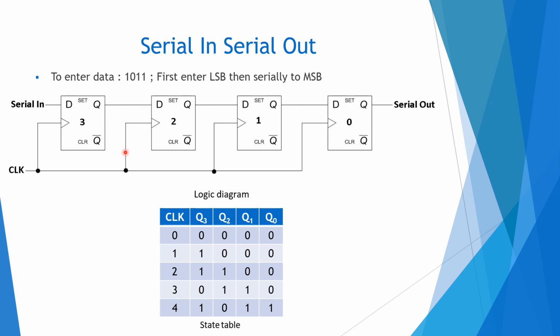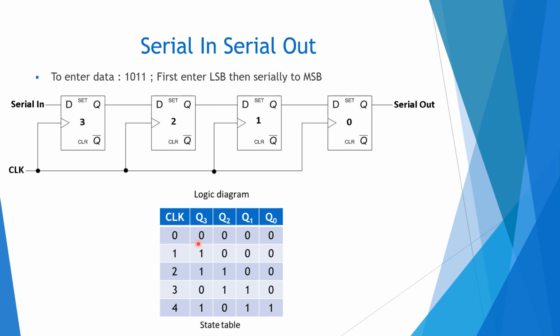If you want to enter the data 1011, we first enter the LSB at the MSB flip-flop, that is 1, and then 1, then 0, then 1, like that. You can see that at the 0 clock all are 0.